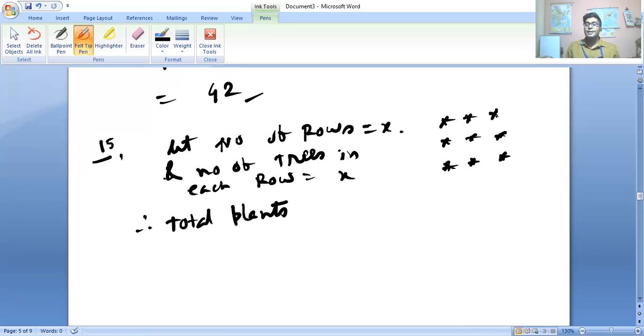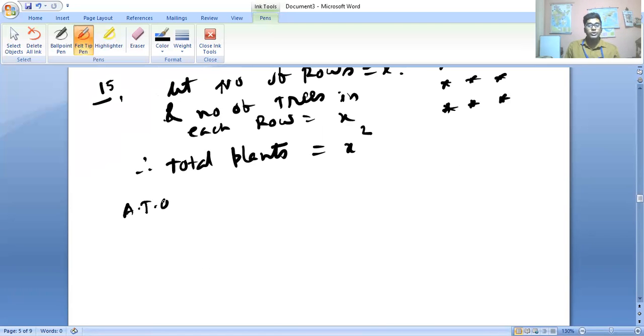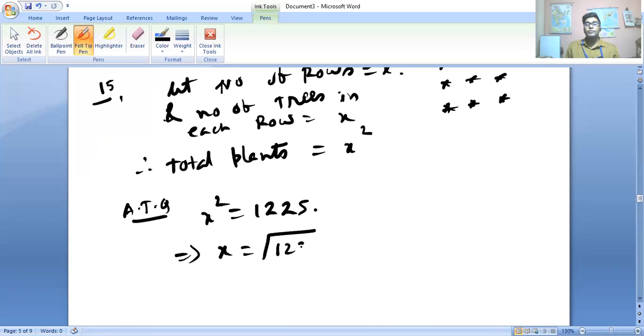There are 3 rows and 3 plants we are planting, so 3 into 3. Similarly, there are x rows, x plants we are planting. So total plants will be x square. According to the question, x square is equal to 1225. So what do we need? X, that is the number of plants. So x will be root under 1225. Therefore we need to factorize it.